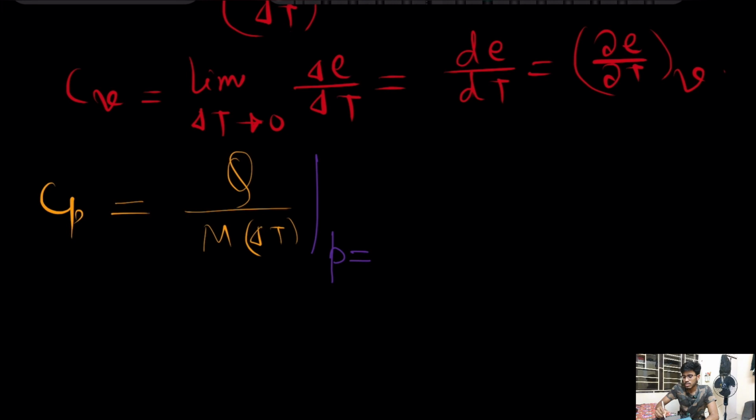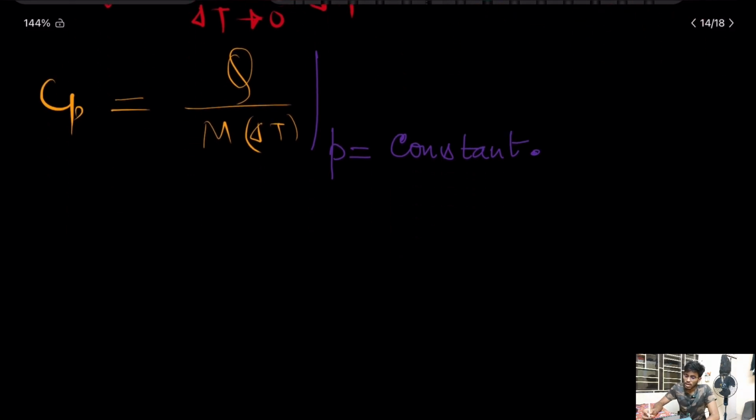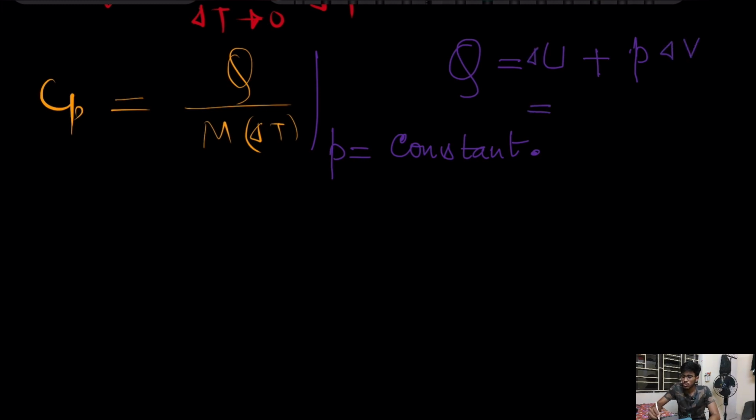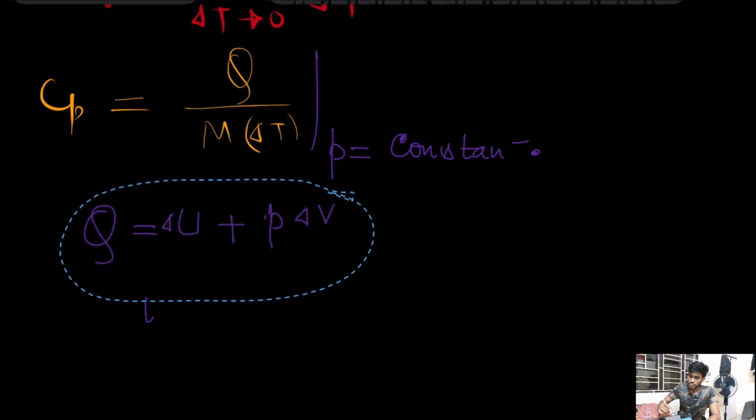So pressure is equal to constant. Now if the pressure is constant, then my Q is equal to del U plus P delta V. So let me put this here afresh.